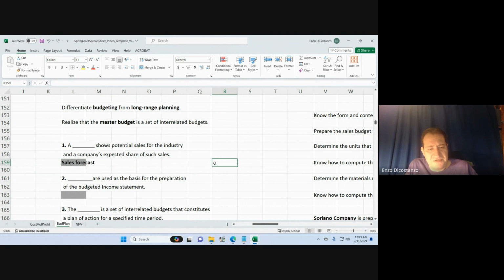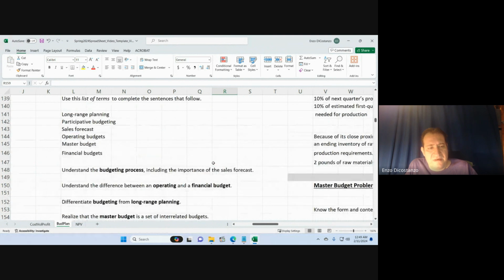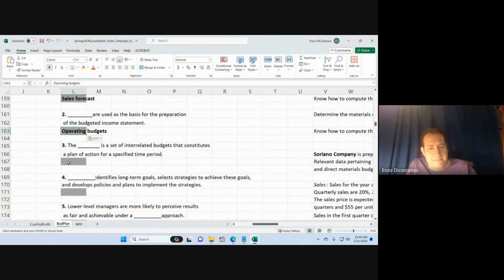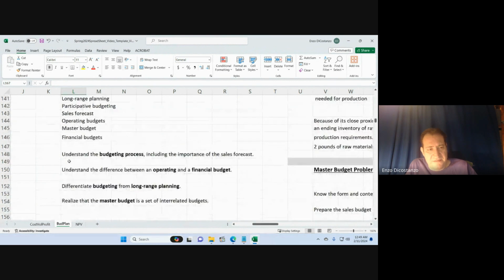Basis for operation of the budget income statement. That's operating. Interrelated budgets, that's the master.